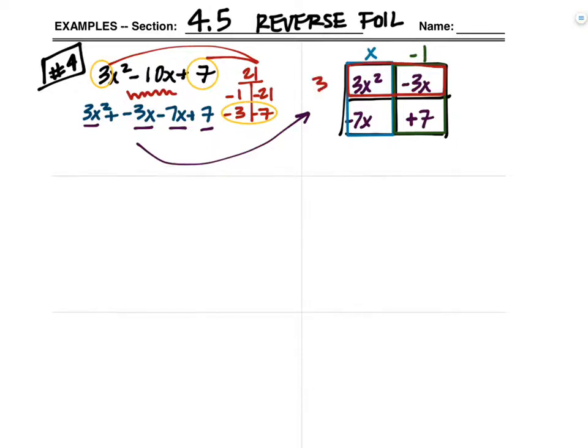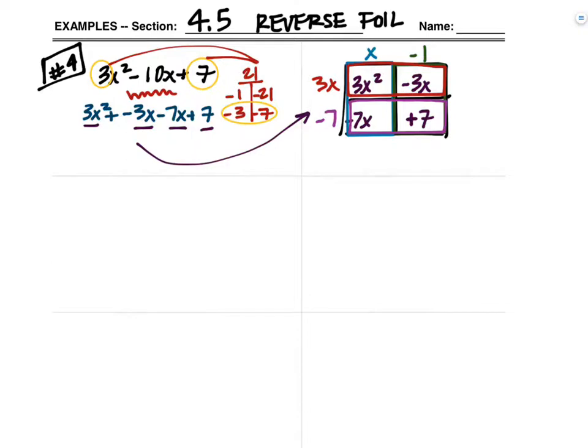Then let's look at the row, and I can take a 3 as well as an x out. And then my next row, negative 7x and a positive 7, I can take a 7 out, but I want to take a negative 7 in order to make this a positive when I multiply, and this a negative and that a negative. So let's go ahead and check that this works.